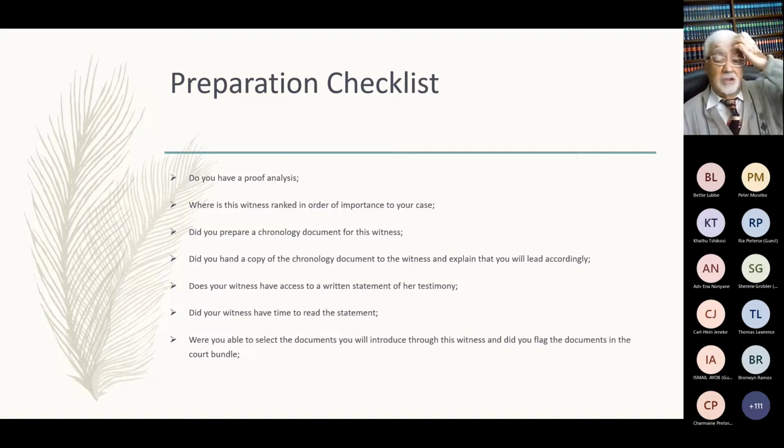Now, there's a preparation checklist I'm going to go through quickly. These lists, you must hold on to them and use them as a tick box. Ultimately, you won't need them because you become good at running a trial. You must have a proof analysis. And what happens there is that you've got the issue.